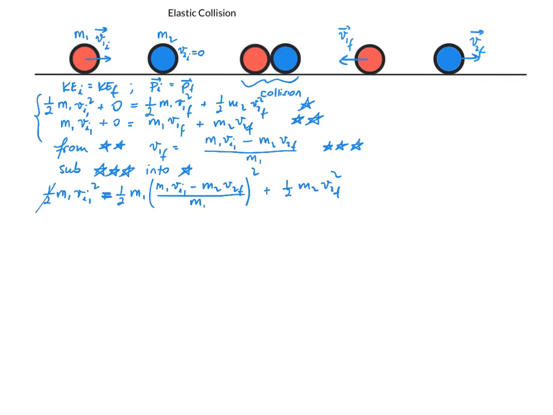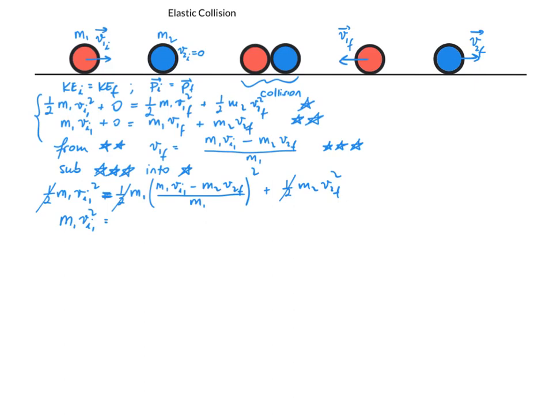So I'm going to cancel all the 1/2s and I'm going to say that m1 v1 initial squared is equal to, I have m1 here and m1 squared there, so I'll cancel this one out and just have m1 on the bottom here.